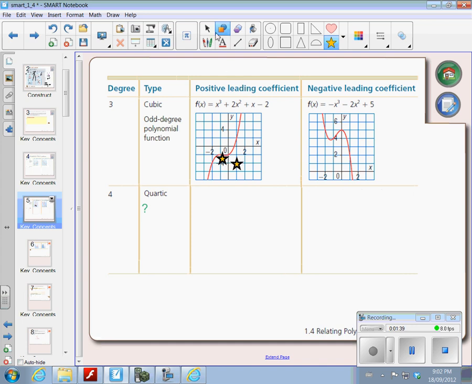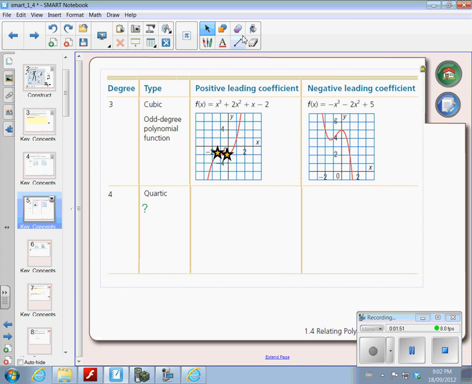I know it's a little tough to see for this one, but you have a maximum hill there and a valley here. And for a negative lead coefficient, it goes up to the left and down to the right. Right here, there's a valley, goes up left, and a hill goes down right.